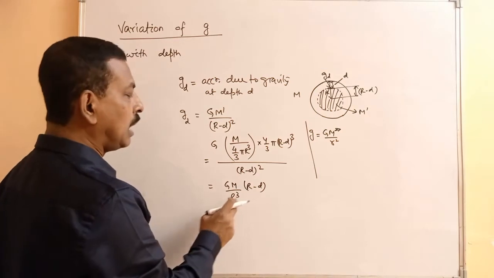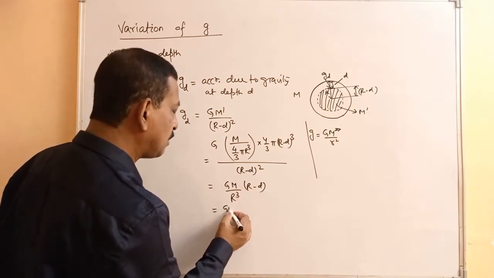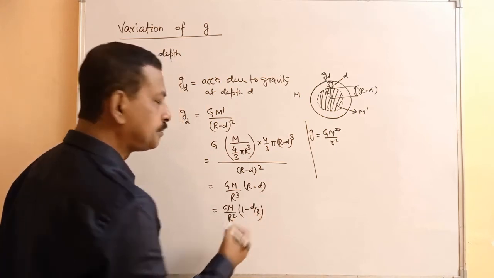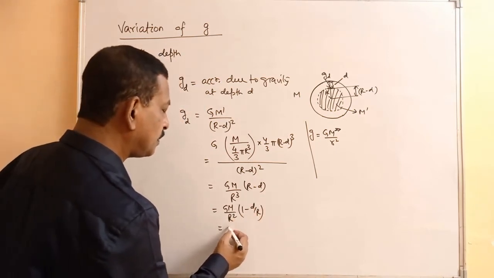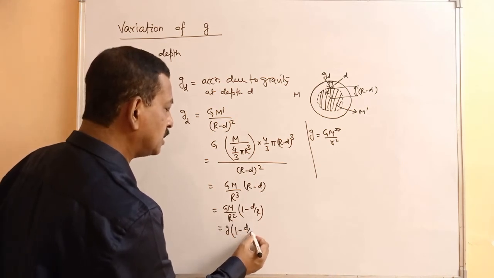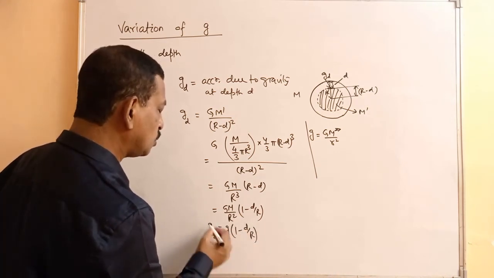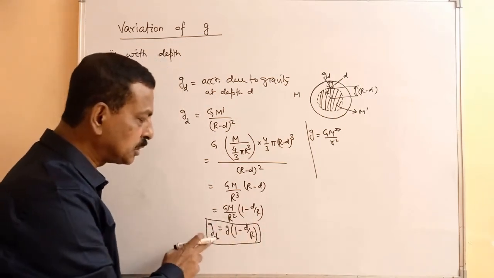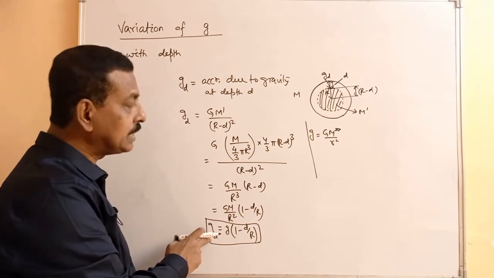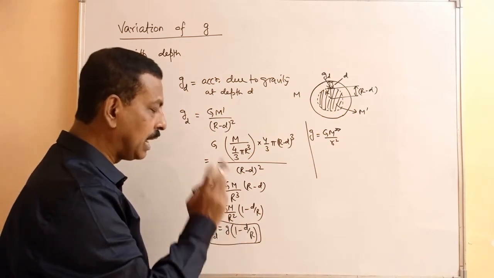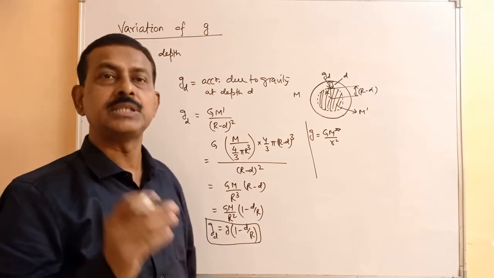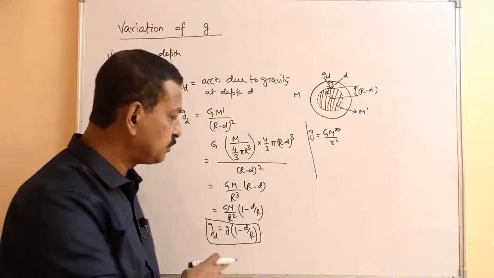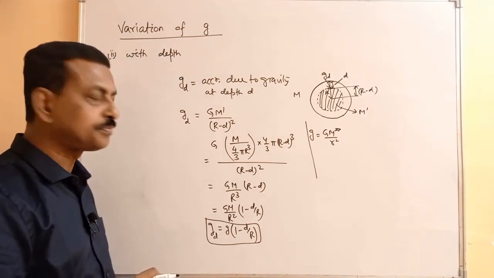Now if I take one R inside, we have GM by R square, which is g, times 1 minus d by R. So this is your gd. This is the expression for acceleration due to gravity at a depth d, where d is the depth, R is the radius, and g is the acceleration due to gravity on the surface of the earth. So this expression we can use.